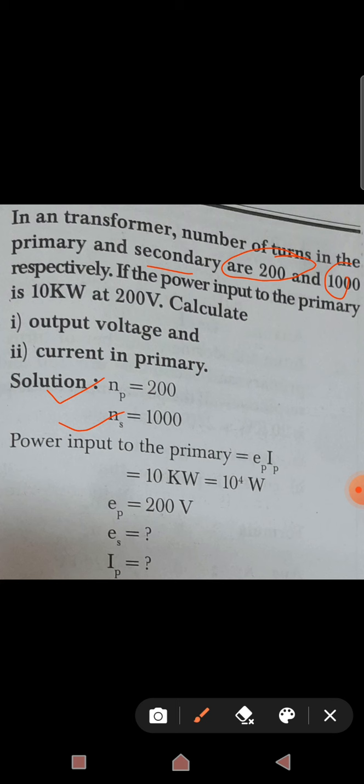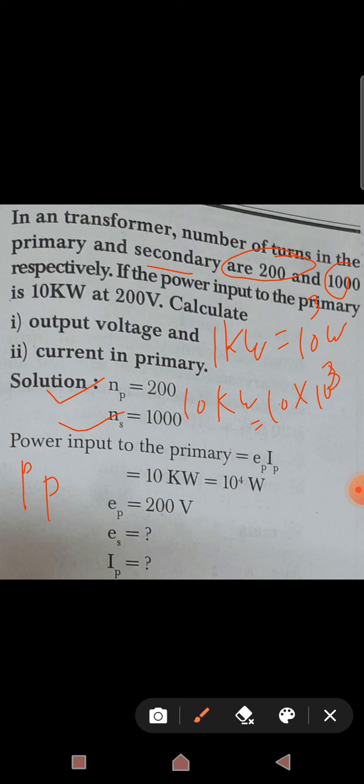Then the power input, means the PP, power of primary, input power is given, how much? That is 10 kilowatt is given. So remember, 1 kilowatt means 10 raised to 3 watt, right? Now 10 kilowatt means 10 into 10 power 3.